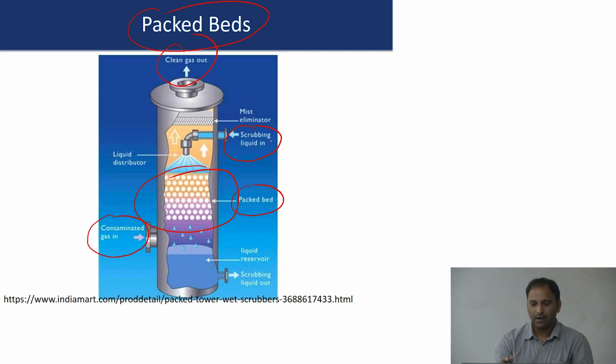I introduce a liquid, and when it comes down the column, it takes out all the liquid that is coming along with the gas, so that the clean gas can go out.